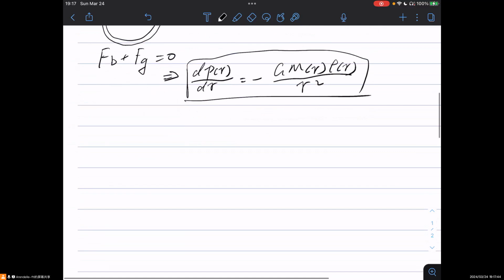So let's infer an important inequality for the pressure P(r).